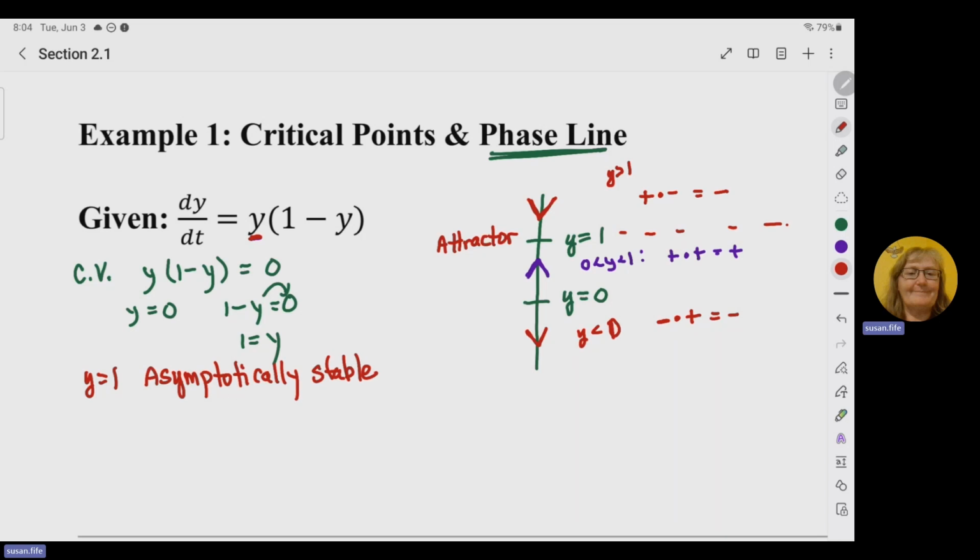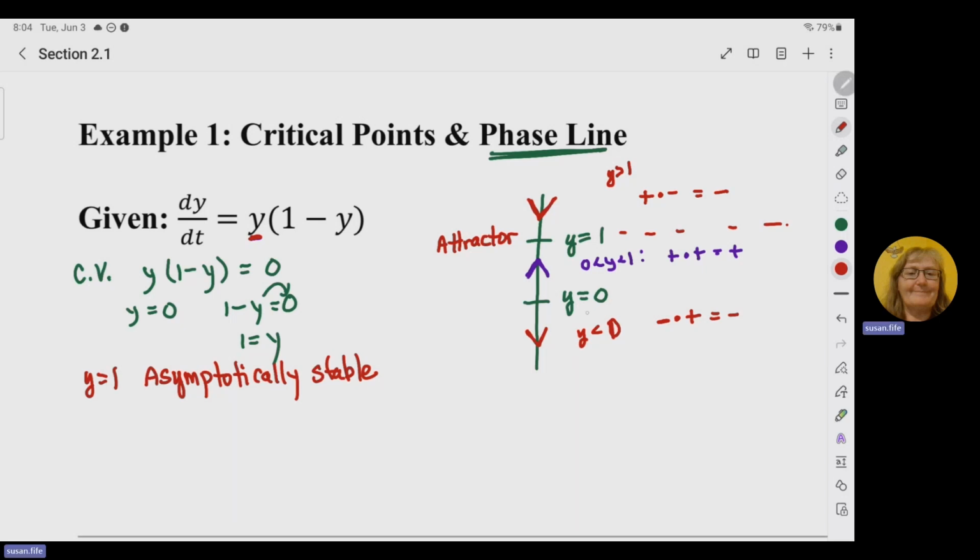And when you see that word asymptotically, you should think asymptote. And asymptotes define the behavior of a graph at infinity. So this says, as t goes to infinity, the graph is going to get closer and closer to y equals 1.